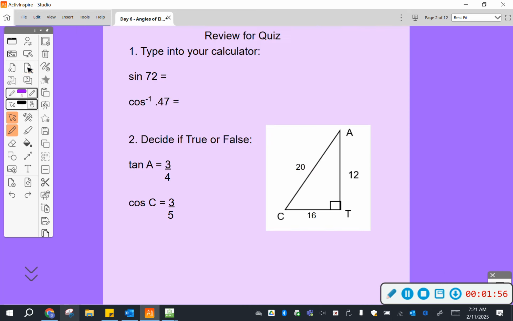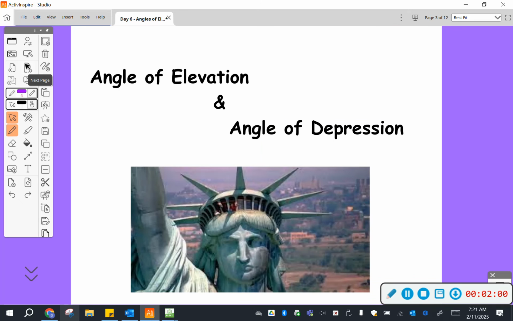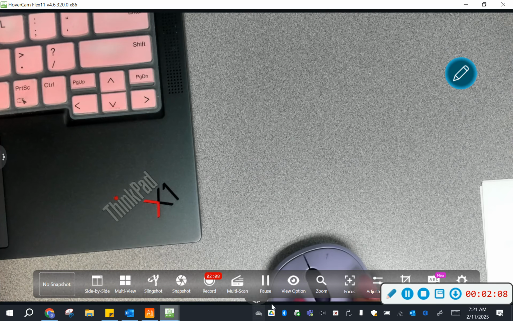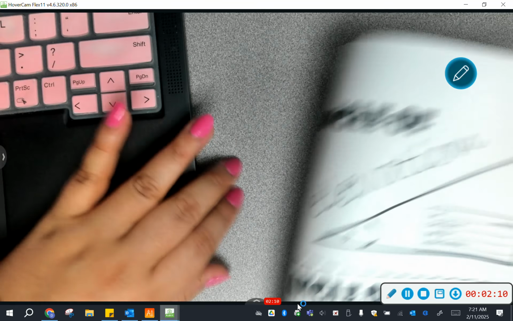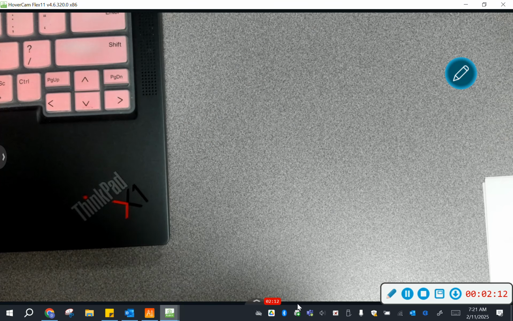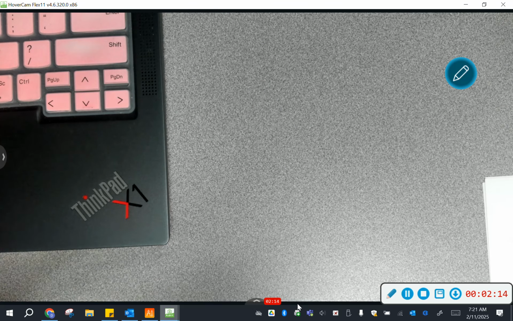All right, if you can please put your warm-up into the back pocket and get out the notes that we're doing today. And if you can please fold them like a book. So what we're doing today isn't necessarily new, it's just word problems.